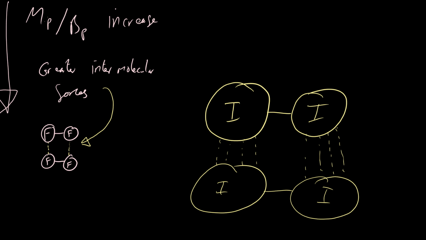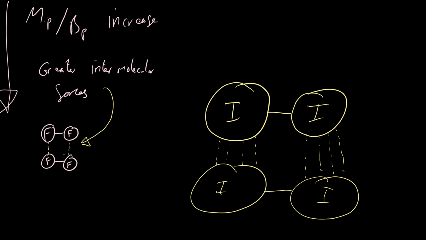And this means that even though these are still weak intermolecular forces, the ones in the iodine are going to be greater in strength than the ones in the fluorine. So therefore, iodine has a higher melting and boiling point than fluorine does.